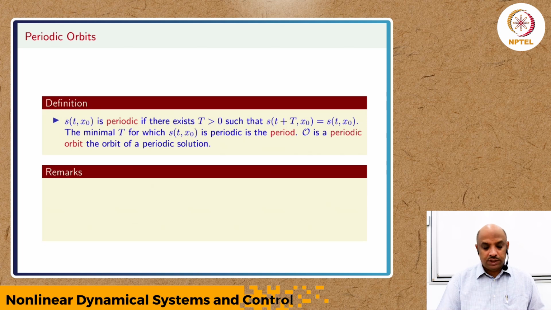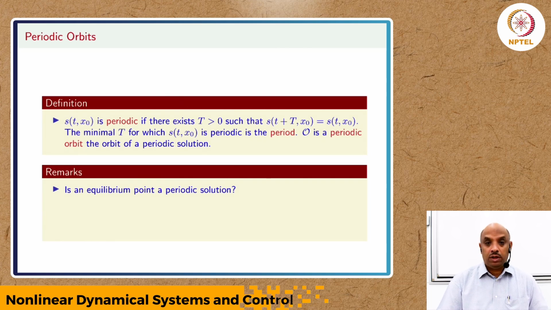The minimum value for which this happens is the period. Then I put a question whether an equilibrium point should be considered a periodic solution or not, and the answer is ambiguous. We will take the attitude that an equilibrium solution is not a periodic solution because we need to have a positive period, right?